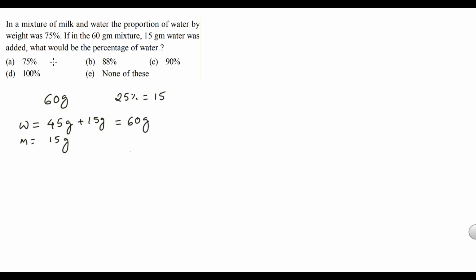Now the question is, what would be the percentage of water? Now what is the total weight of the mixture? Earlier the total weight was 60 gram. Now it has become 75 grams, right? So we have added 15 grams of water, 75 grams.